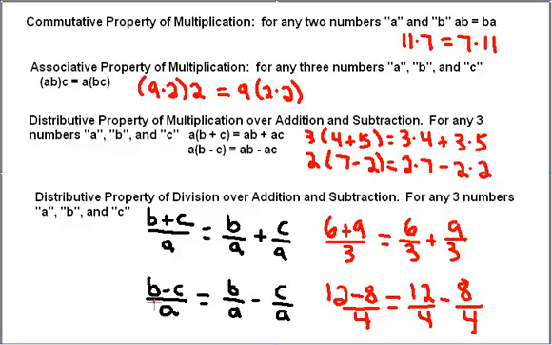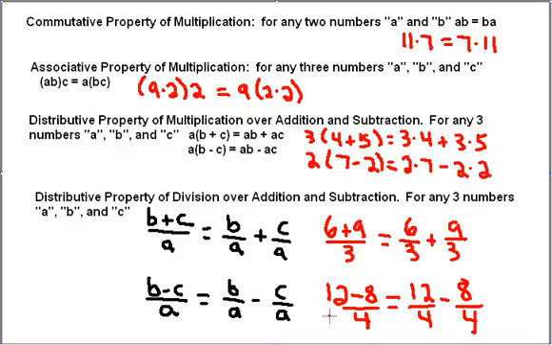And lastly, for subtraction, distributive property of division over subtraction, if we had b minus c over a, that's the same thing as taking each of these parts and dividing it by the a that's in our denominator. So we start off with b over a minus c over a. And that's how we come up with that property.